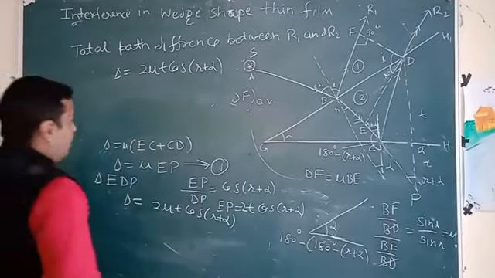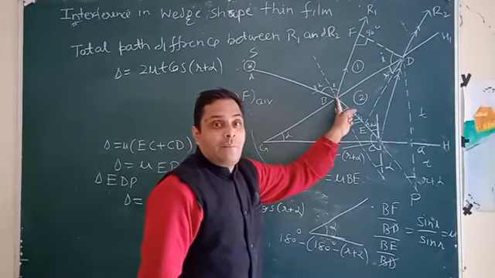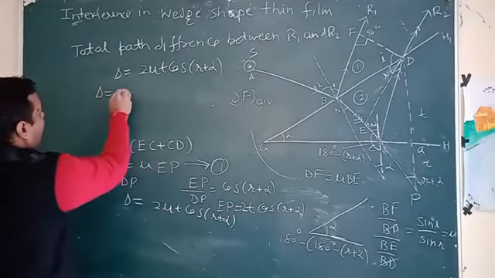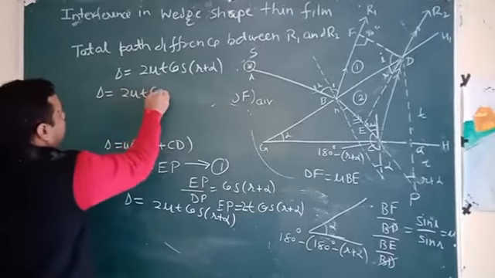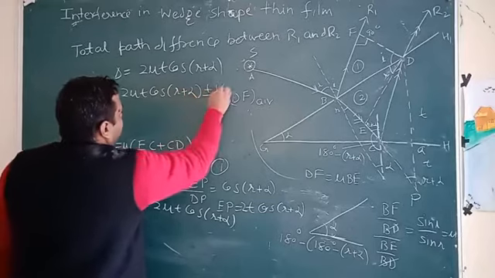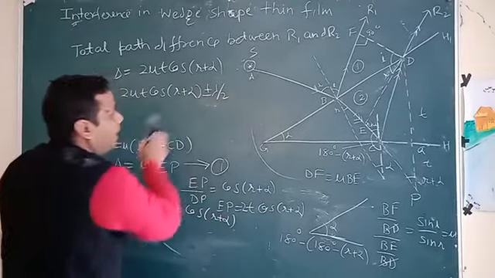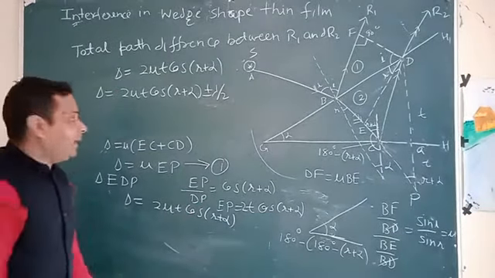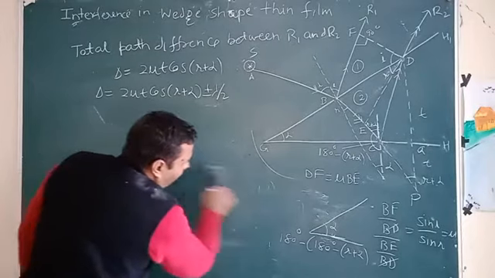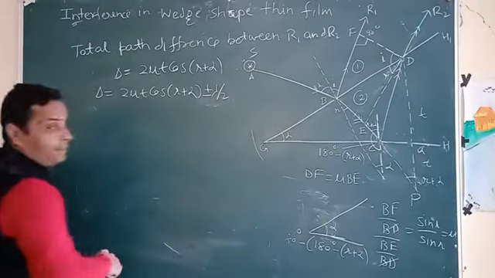Now because it will be reflected from the denser medium, according to Stokes' theorem, an extra path difference of plus or minus lambda by 2 will be introduced. Now this is the basic path difference.